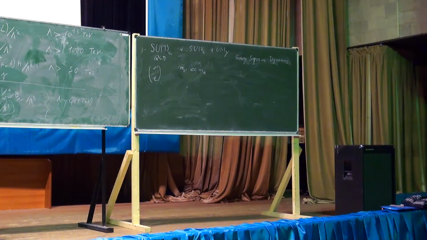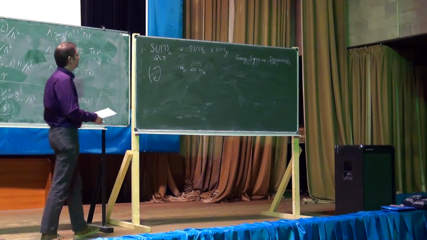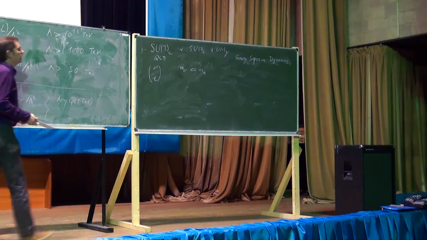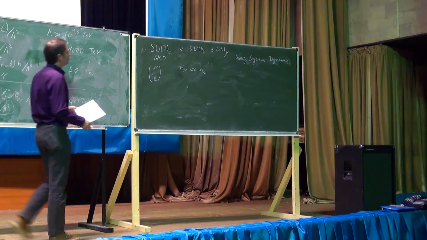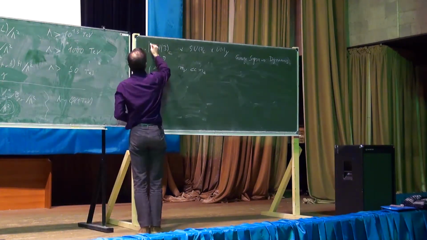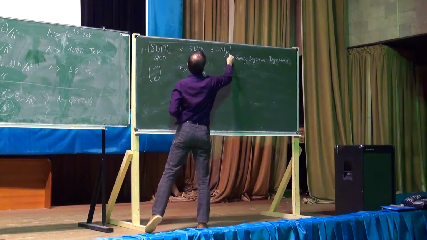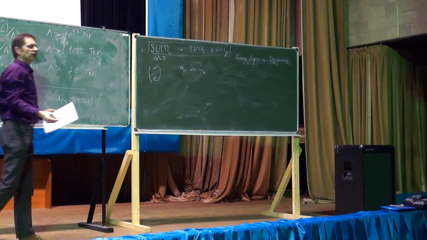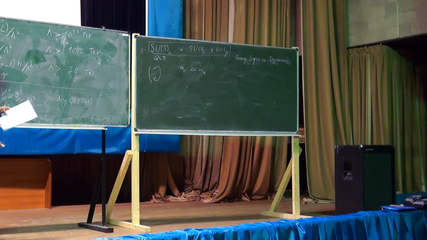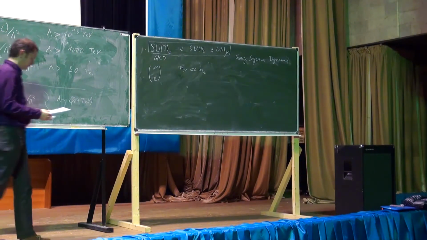It cannot be a symmetry of the mass spectrum. And the way to explain this mass difference is really to call for the spontaneous breaking of the symmetry, or if you want, the Higgs mechanism. So you are saying that this symmetry is a symmetry of your Lagrangian, but is not a symmetry which is realized in the vacuum. The vacuum is breaking the symmetry spontaneously.